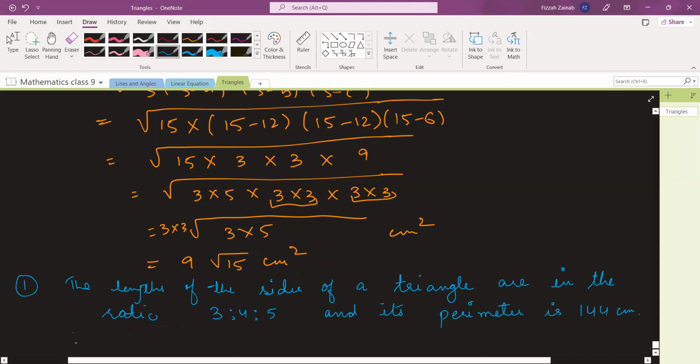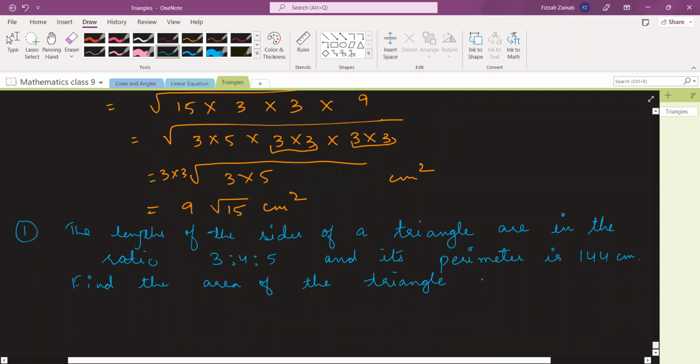Find the area of the triangle. Please do it and tell me the answer.